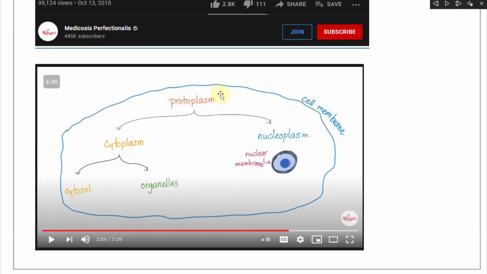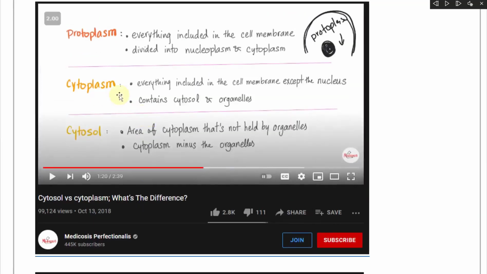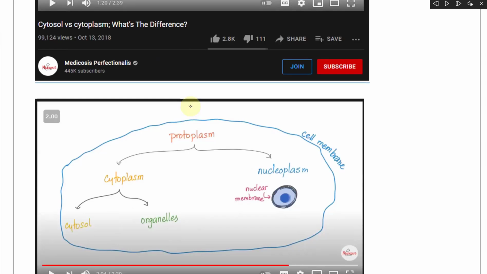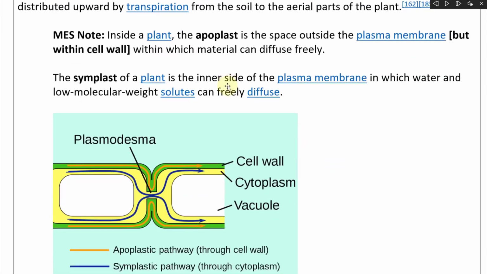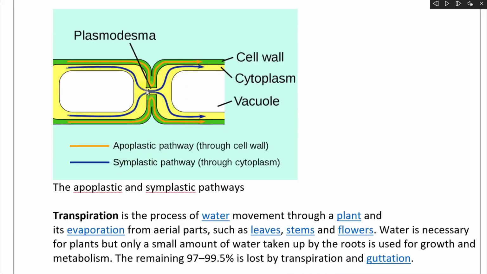The protoplasm is everything inside the cell membrane, and the nucleoplasm is the stuff inside the nucleus. The cytoplasm is everything in the cell membrane except the nucleus, and contains cytosol and organelles. So that is the cytoplasm there, and the nucleus is separate over there.